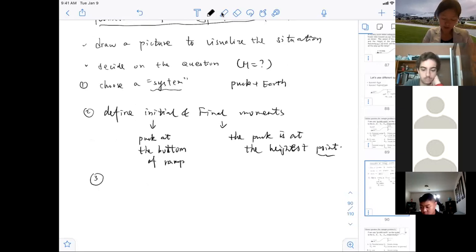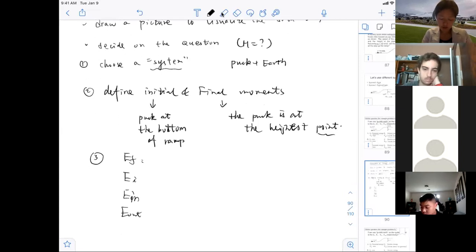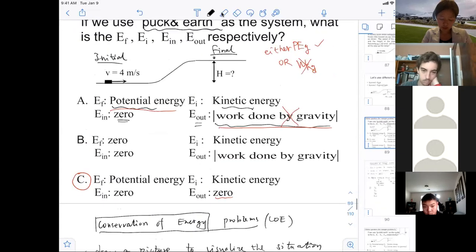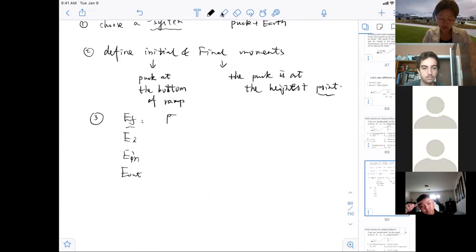And the third step is to find all these energy terms, and we also did that. And then the fourth step is to put it together. So for the final, you said it's potential energy. So that potential energy is what?